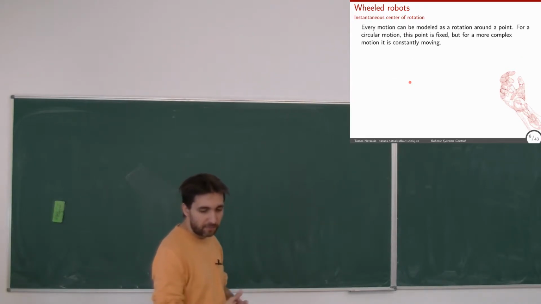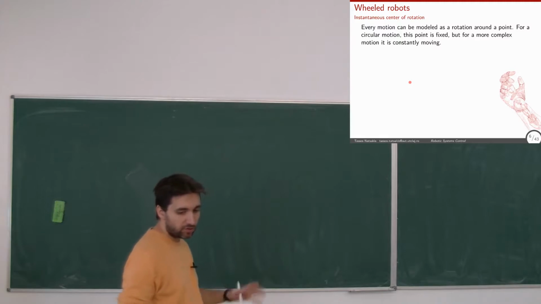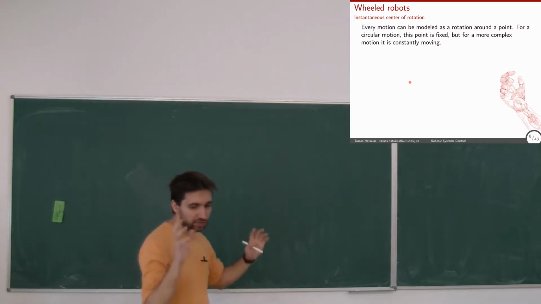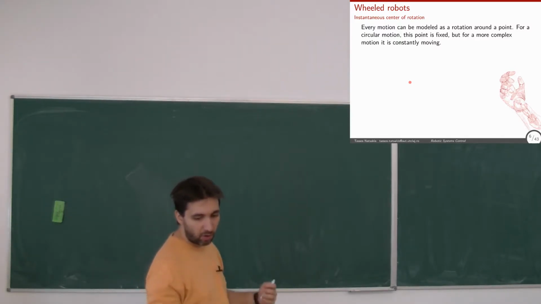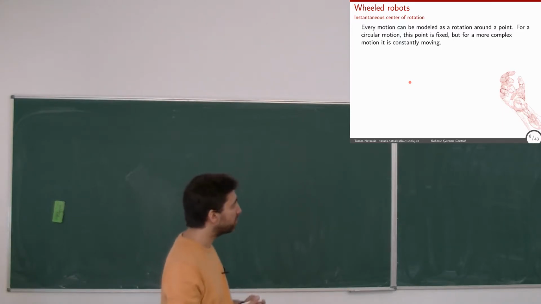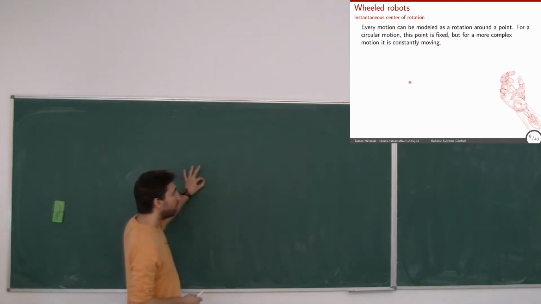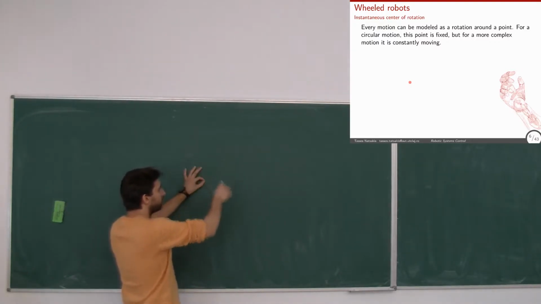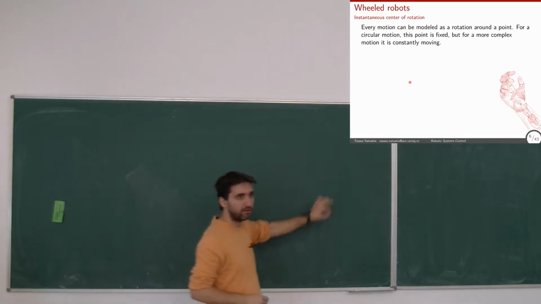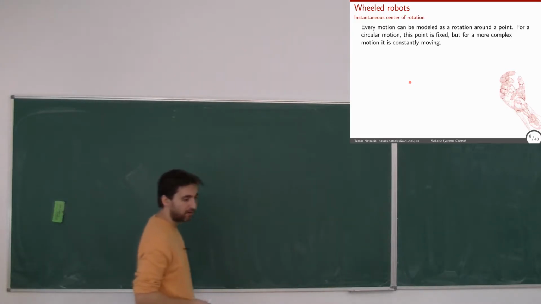The idea is that every motion, this is our proposal, can be modeled as a rotation around a point. Okay? Of course, if it's a circular motion, the point is fixed. But if the motion is not circular, then the point we're rotating around is moving. Okay?